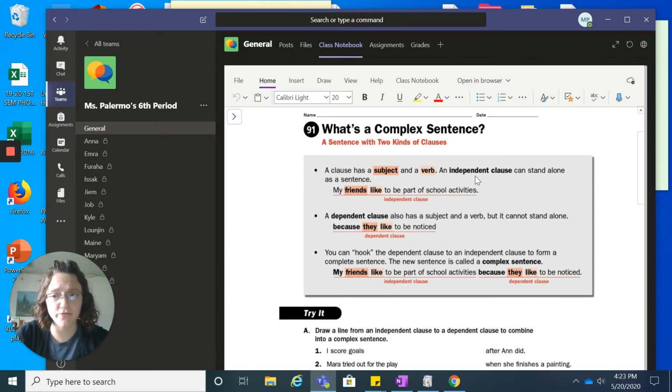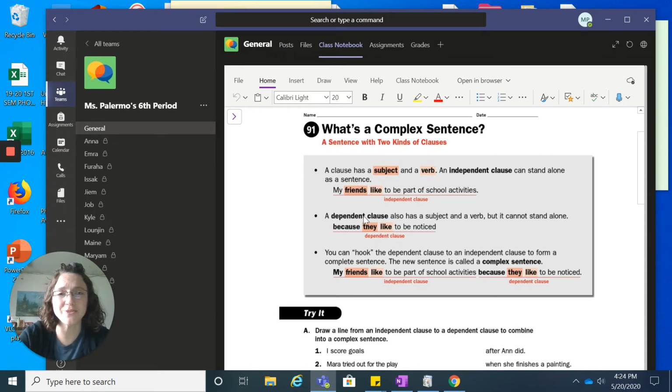We know it's a perfectly good sentence because it has a subject, a noun that is the who or what the sentence is about. It also has a verb, an action. So for example, here it says, my friends like to be part of school activities. Friends and like is what you need to make this an independent clause. This can be its own sentence.